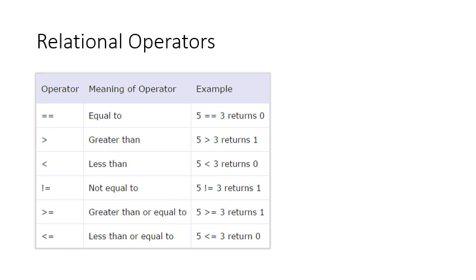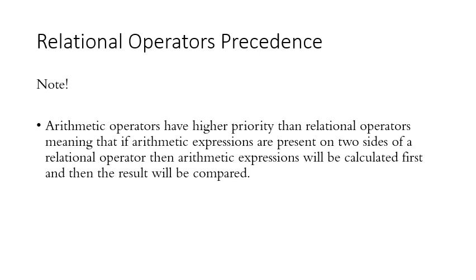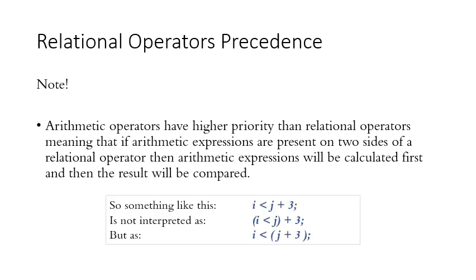Now, what about the precedence of the relational operators? There are some things that we have to note. Arithmetic operators have higher priority than relational operators, meaning that if arithmetic expressions are present on two sides of a relational operator, then the arithmetic expressions will be calculated first and then the results will be compared.